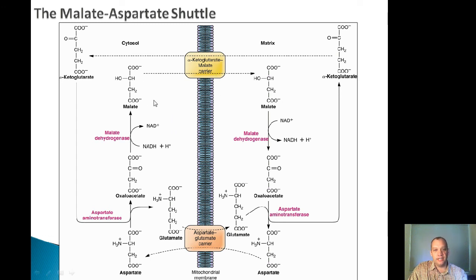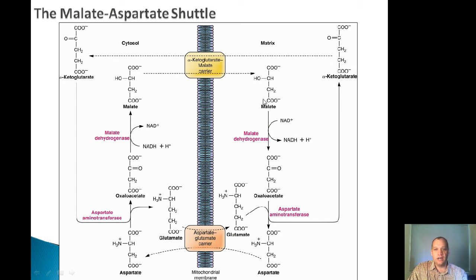So malate is carried into the mitochondrial matrix by the alpha-ketoglutarate malate carrier. It exchanges cytosolic malate for the matrix alpha-ketoglutarate, carrying malate into the matrix of the mitochondria and alpha-ketoglutarate into the cytosol at the same time.